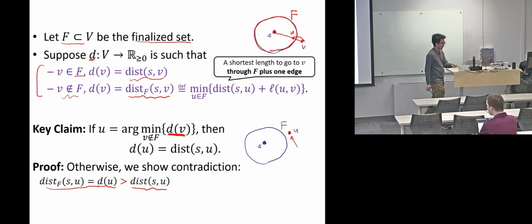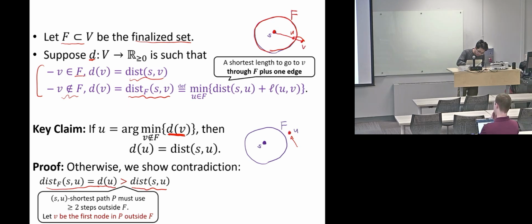It means that the shortest path from S to U, let's call it P, must use at least 2 steps outside F. Because if it could use just 1 step outside F to U, then this F estimate would be the real distance already. But we said this guy is strictly worse than the real distance. So the real shortest path must use at least 2 steps outside F.